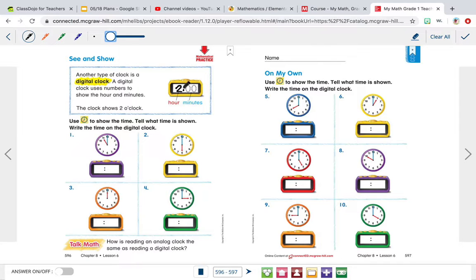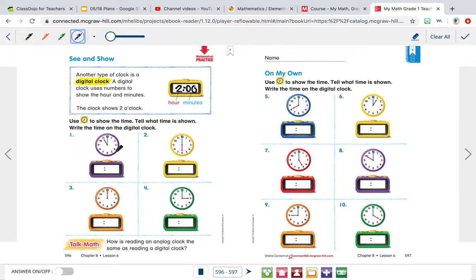It's 2 dots. And then the minutes are 0, 0. So it's 2 o'clock because the hour is 2 and the minutes are 0. That means it's 2 o'clock, not 2:15, not 2:10 or 2:40. It's 2 o'clock. So now we're going to look at the analog clocks and write down the digital time, okay?